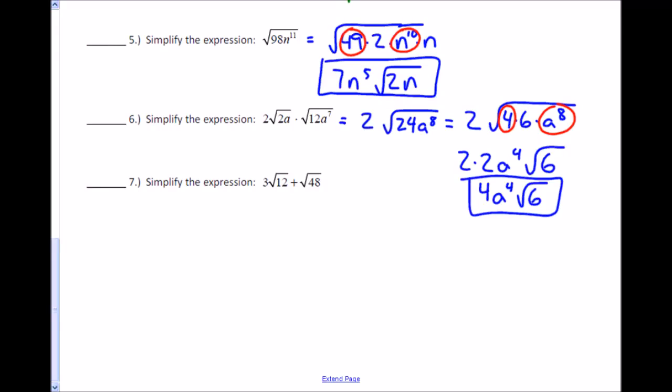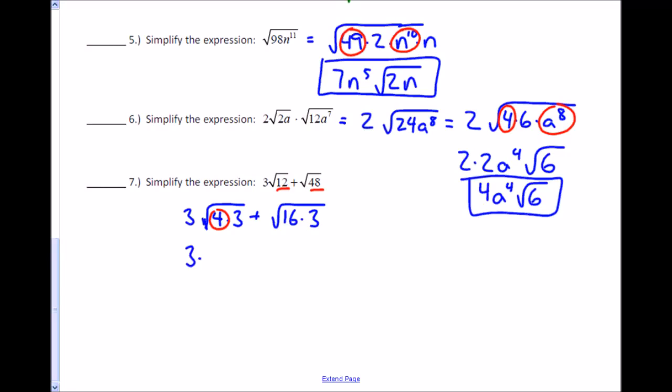Okay? And number 7, it says to add these. And since we're adding these, we need to have like radical terms. We can't add them the way they are because one's a 12 and one's a 48. So I'm going to simplify this as far as I can. The 12 I can break down into 4 times 3. The 48 I can break down into 16 times 3. And now I just simplify. The square root of 4 is a 2.